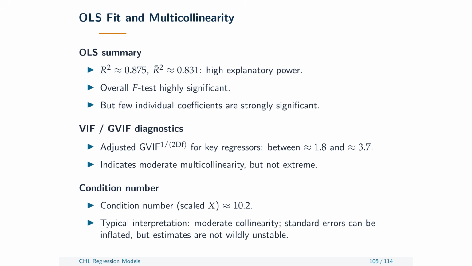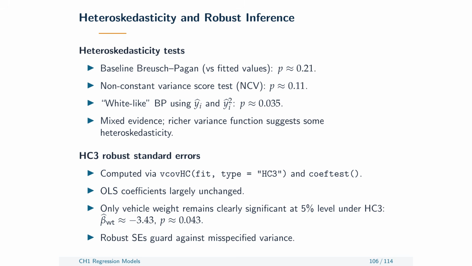The adjusted generalized variance inflation measures are roughly between 1.8 and 3.7, and the scaled condition number is about 10.2. These diagnostics indicate moderate, not extreme, multicollinearity. Size and power measures move together, so individual slopes are less precise, even though the model explains fuel efficiency well as a group.